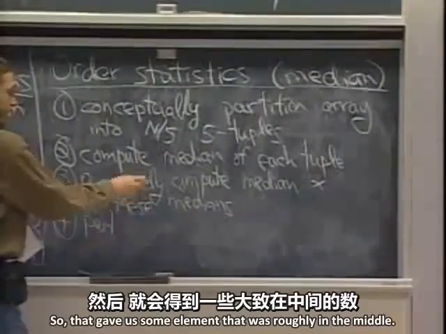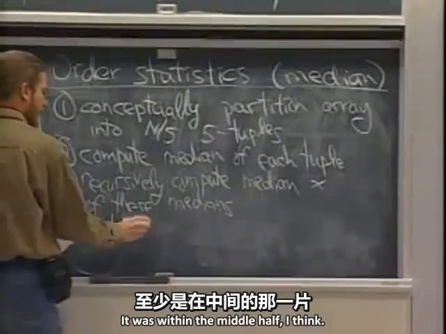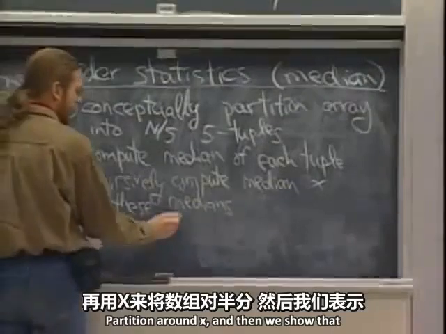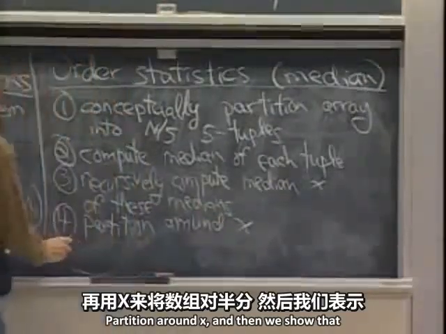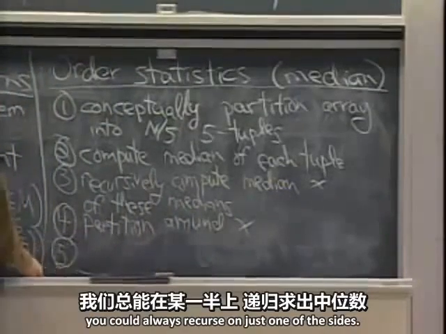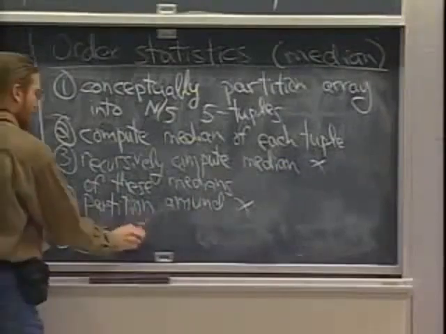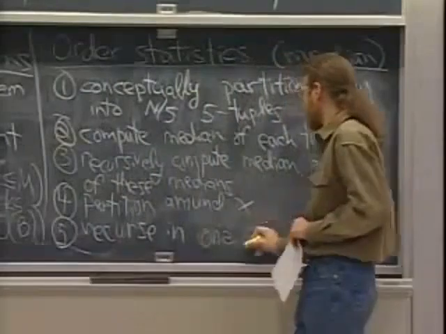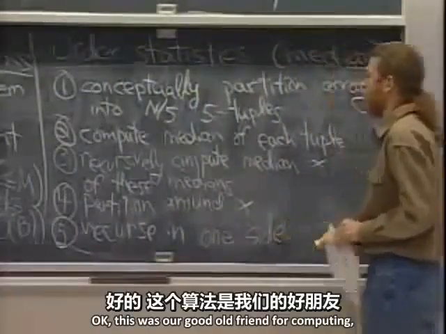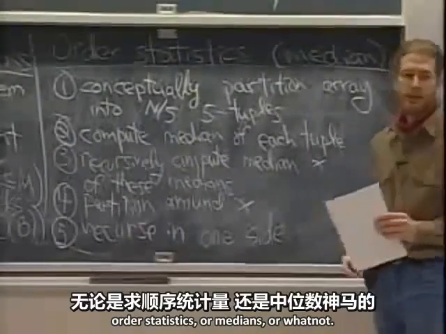So that gave us some element that was roughly in the middle, within the middle half, I think. Partition around x. And then we showed that you could always recurse in just one of the sides. Okay, this was our good old friend for computing order statistics or medians or whatnot.